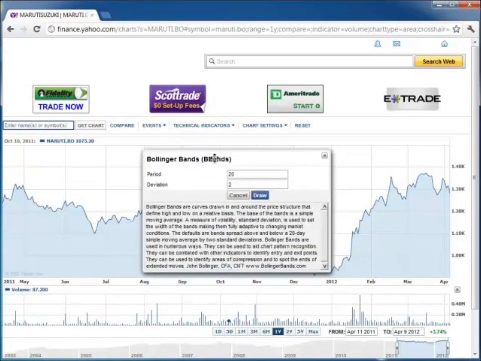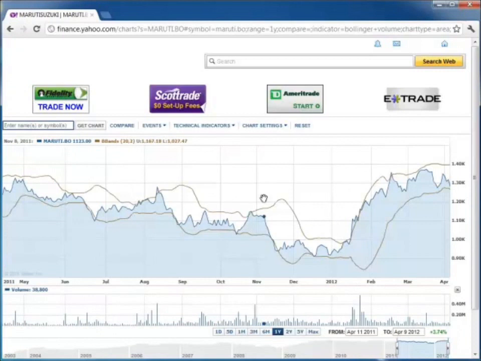Now, this period and the deviation essentially tells us what we want the band to look like, and I won't explain what this means now. Essentially, the Bollinger Band uses a moving average to calculate it. So in this case, it's saying should we use the 20-day moving average, and this is the number of standard deviations. And I promise you, we'll go through this in full detail in a later module. So don't worry if it's not very clear. I just want to draw it here and show you what it looks like.